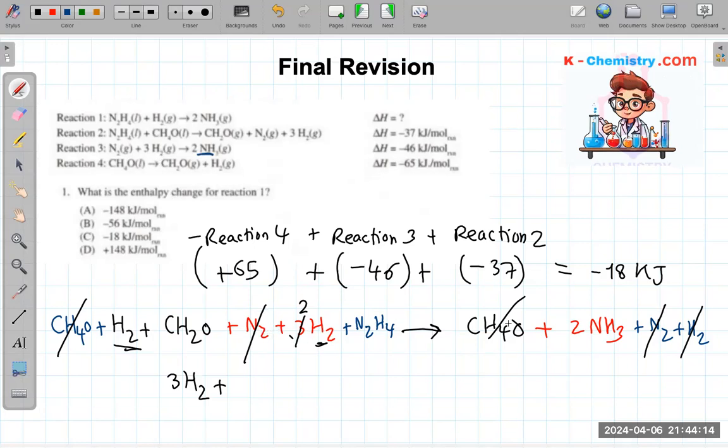N2 and 3H2 give me 2NH3, and equation number 2, N2H4 and CH4O, and N2 again, and H2. So CH2O. Yes, there is CH2O. We forgot to add CH2O here in reaction 2. N2 and H2.